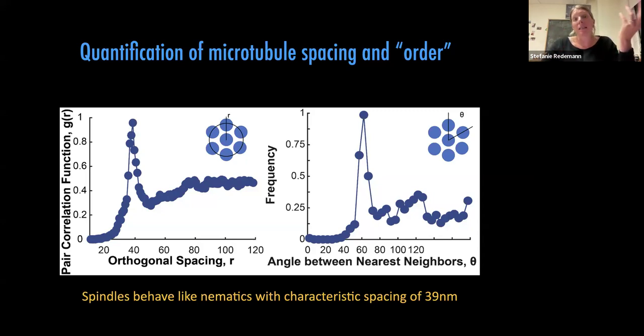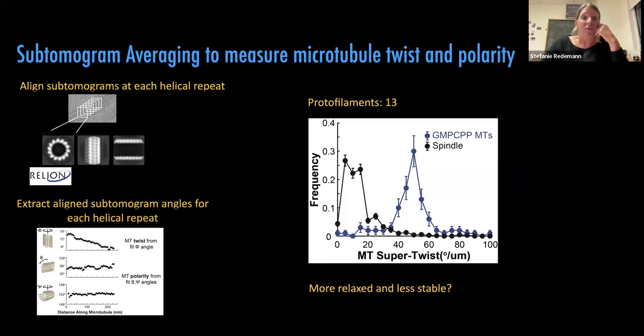But this is not maybe overwhelming. So we decided, okay, what else could we do? And so the next step is, of course, subtomogram averaging. You can do this for the microtubules at each helical repeat. And you can, for example, determine the number of protofilaments, which in our spindles was 13.